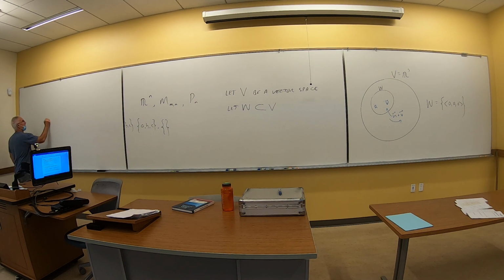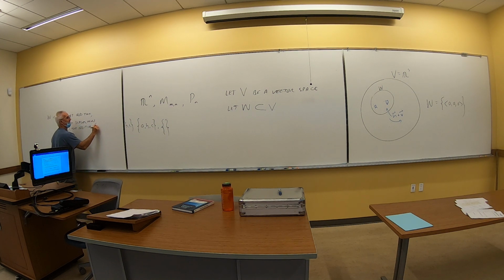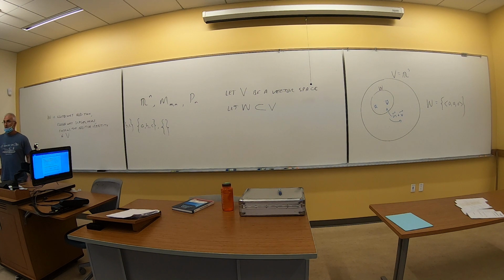If I can show that W is closed with respect to addition, closed with respect to scalar multiplication, and contains the additive identity of V. If I can show those 3 things, then the term we use is, remember, W is a subset of a known vector space, and I've just proved W itself is a vector space.